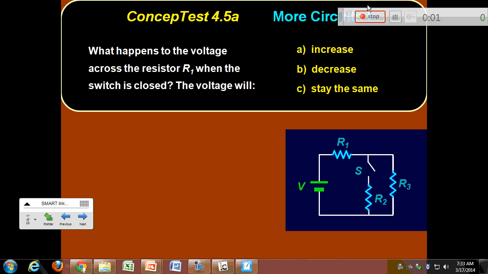All right. So what happens to the voltage across R1 when the switch is closed? That means that this switch S looks like that. It's closed.